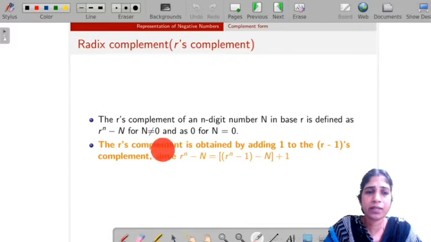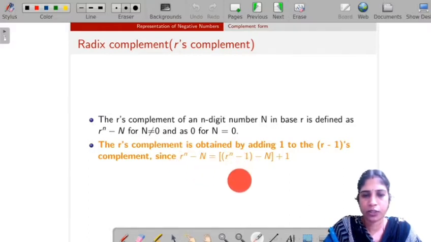So we can relate this radix complement with diminished radix complement. The radix complement equation is R raised to n minus N. We know the diminished radix complement is R raised to n minus 1 minus N. When we add plus 1 to this diminished radix complement, we get R raised to n minus 1 minus N plus 1.